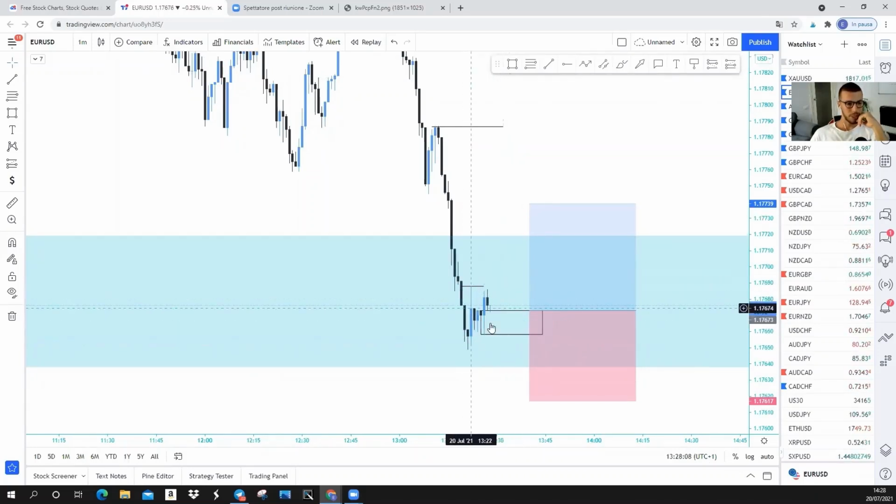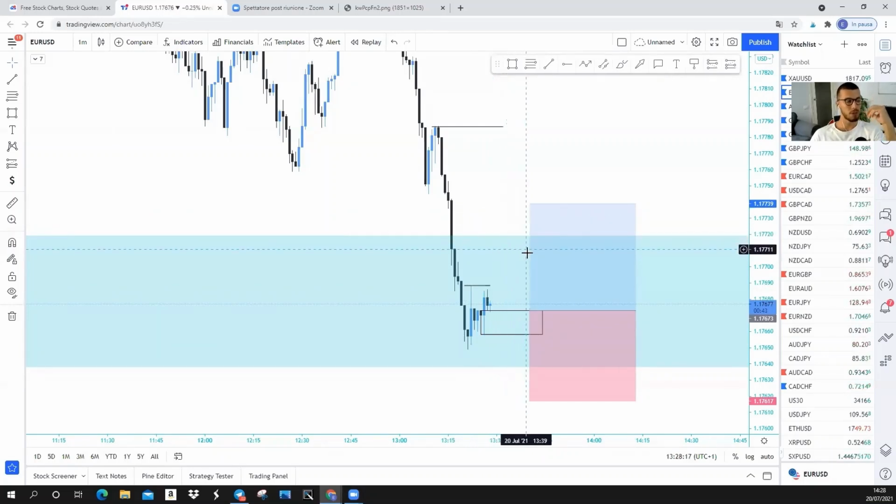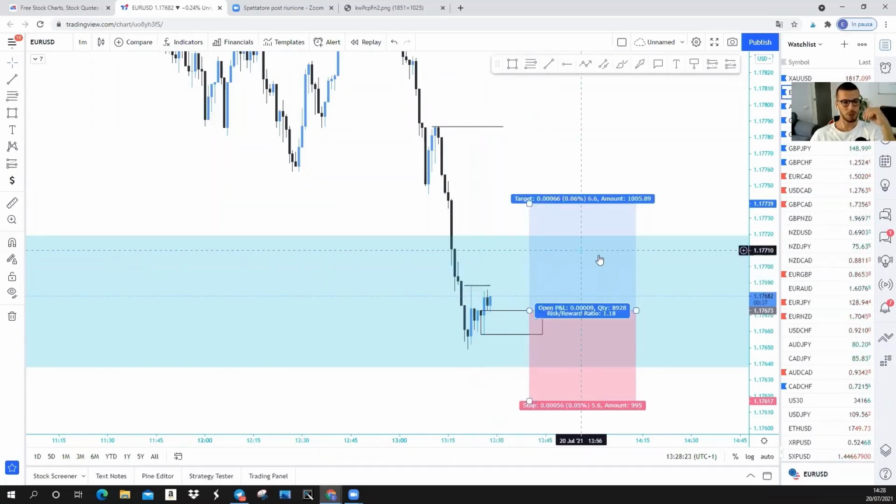Anyway, I'm not considering this a breakout structure because my structure point is up here, and I want to see a candle closure, even if it is 1 minute, still a candle closure above the wick, above the structure point.